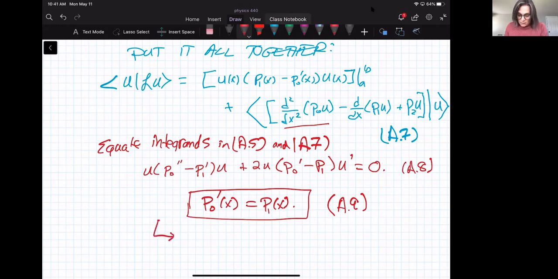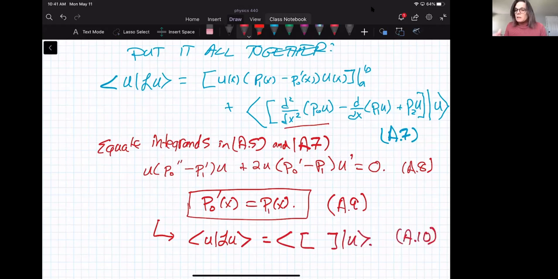In other words, now we can write this as this, because the condition for A.9 means that the terms evaluated on the boundary are equal to 0. Okay, so that's basically a big identity that we're going to use.